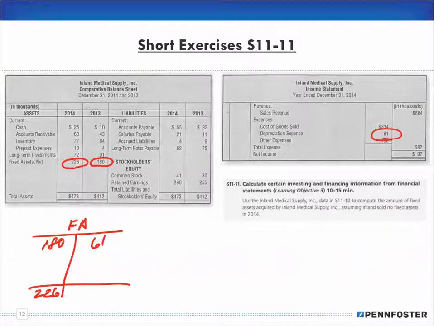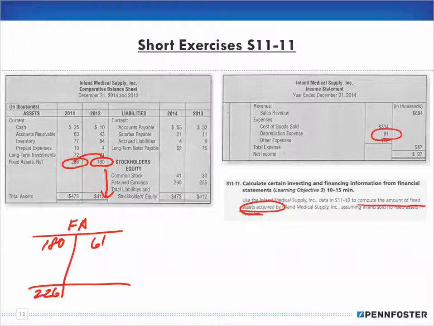So we're grabbing the $61,000 from the depreciation expense, which would have been a credit to accumulated depreciation, and that's our 61 there. So we want to compute the amount of fixed assets acquired, right? Well, again, you can't just take one number from the other. You have to consider how much depreciation was applied.